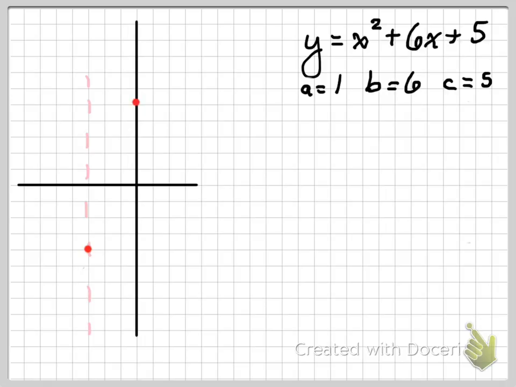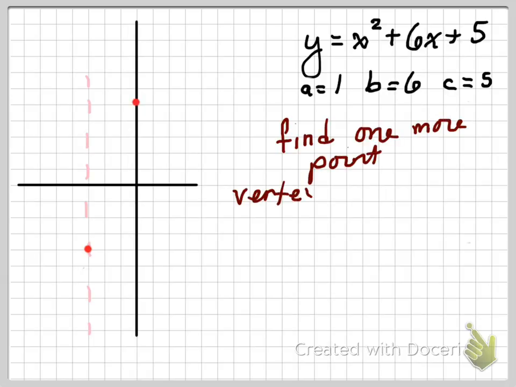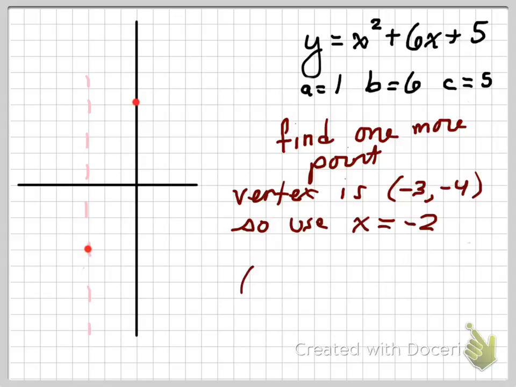We need one more point on this half of our quadratic that will allow us to graph half of it, and then we know that we can just reflect across that axis of symmetry. So to find one more point, I'm going to use something near the vertex. Our vertex is at negative 3, negative 4, so I'm going to choose x equals negative 2, just because that's quite close to our vertex.